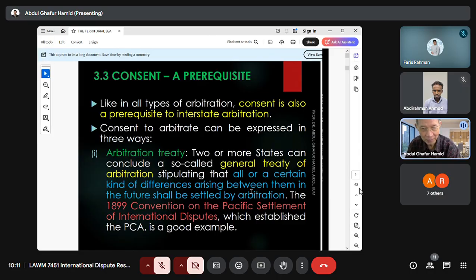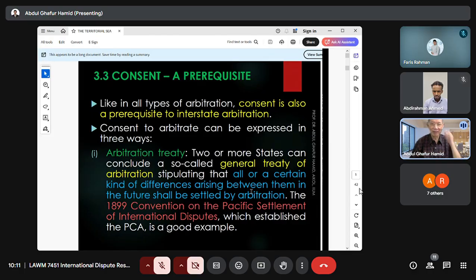Number one is by means of an arbitration treaty. Two or more states can conclude a general treaty of arbitration. The treaty provides that all or any particular type of disputes arising between them shall be settled by arbitration.